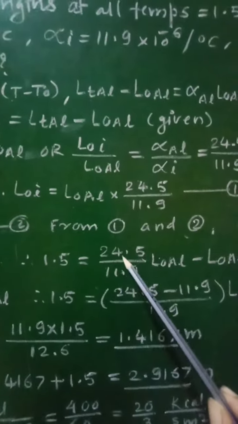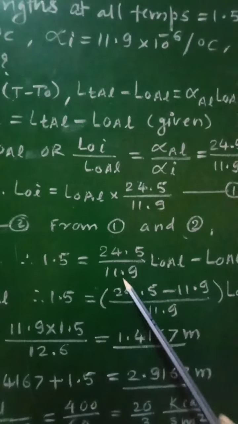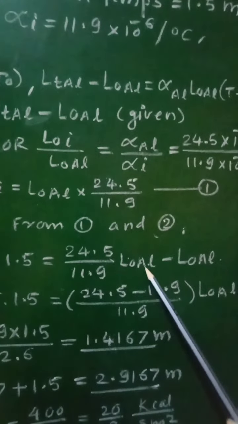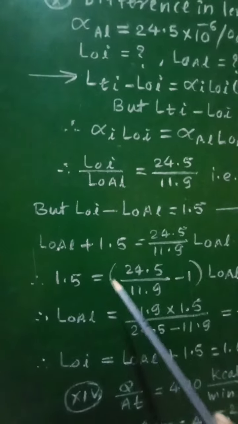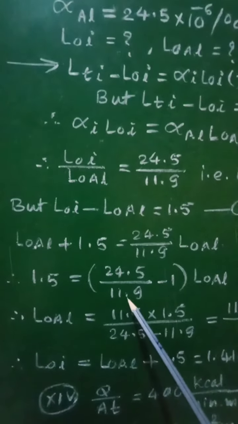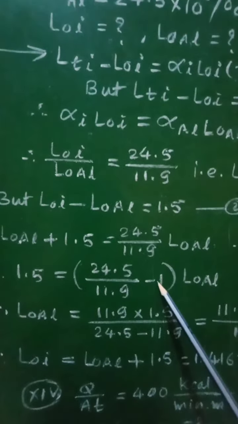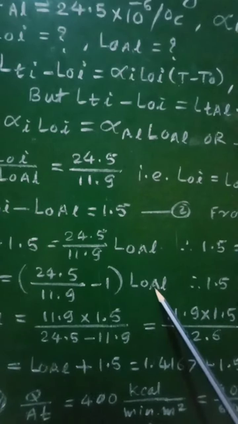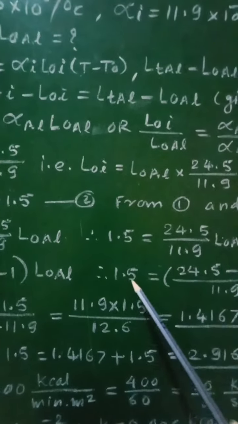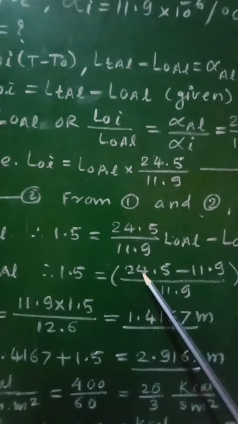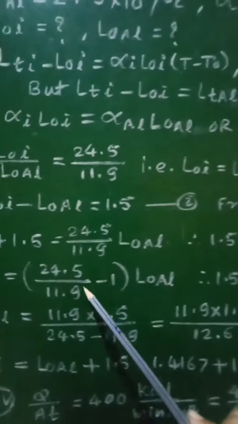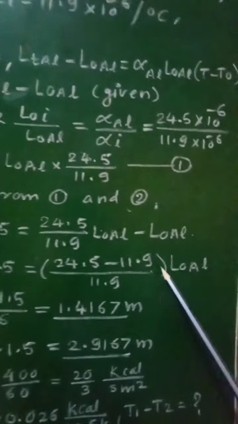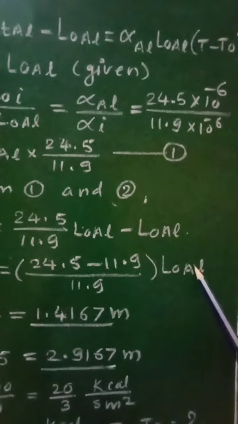Therefore, we will get 24.5 divided by 11.9 L0AL minus L0AL. Taking L0AL common, we will get 1.5 equal to (24.5 upon 11.9 minus 1) into L0AL, and therefore we can write 1.5 equal to (24.5 minus 11.9) upon 11.9, simplifying this, into L0AL.